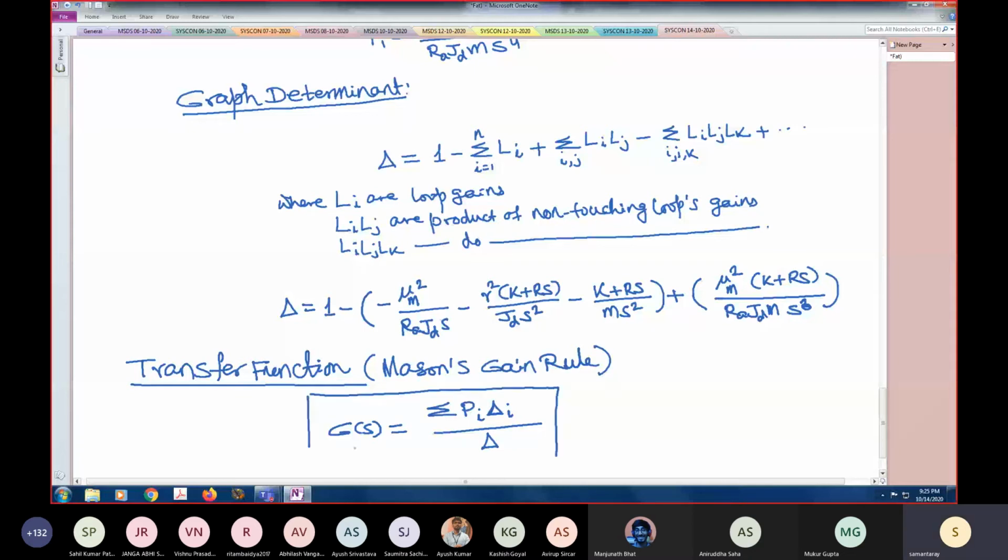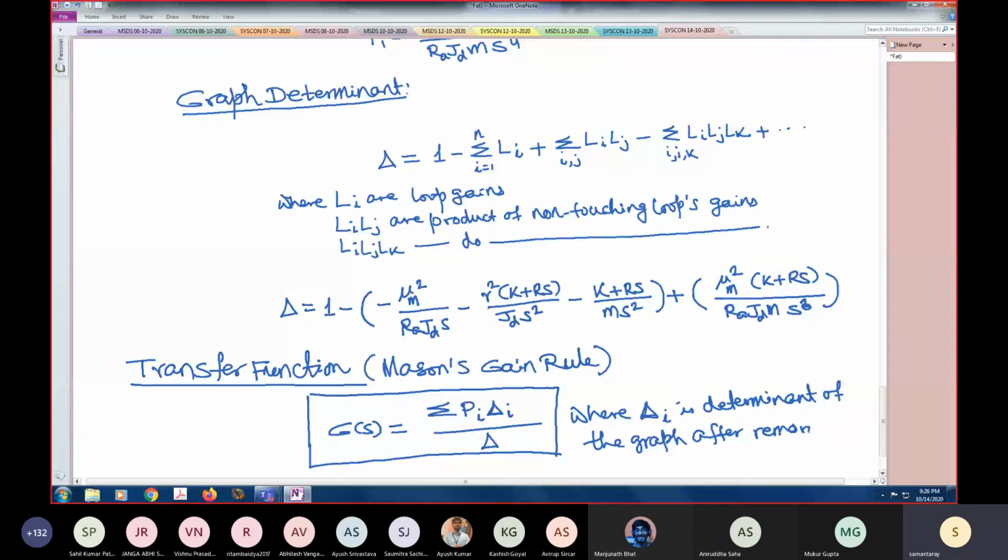So forward path gains into delta_i by delta, where delta_i is the determinant of the graph after removing nodes and paths in P_i. Like when we calculate a normal determinant cofactor, we remove the row and column on which that particular element is.